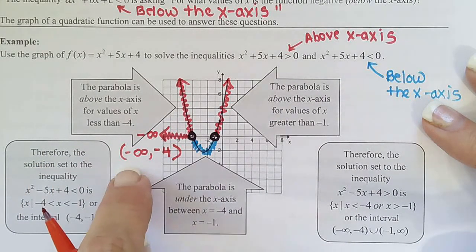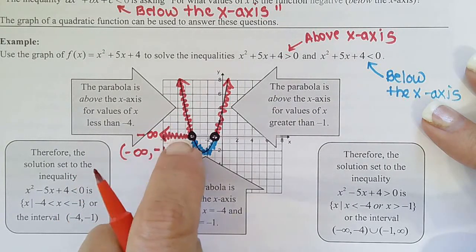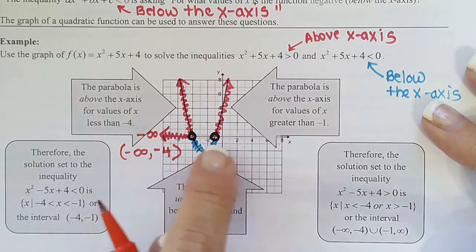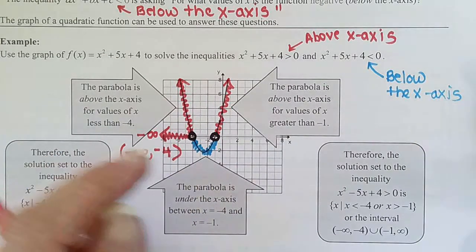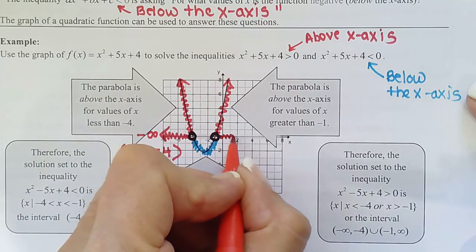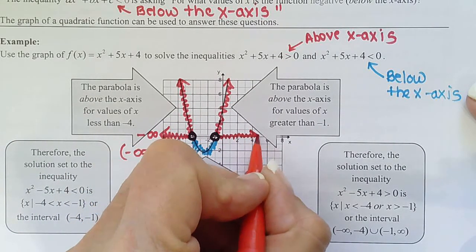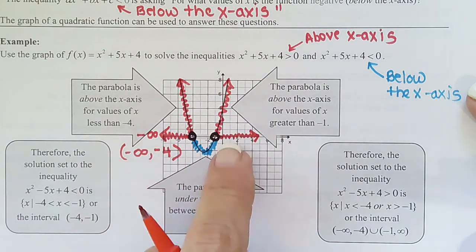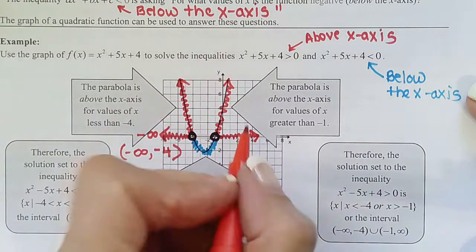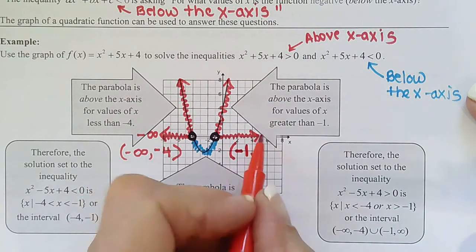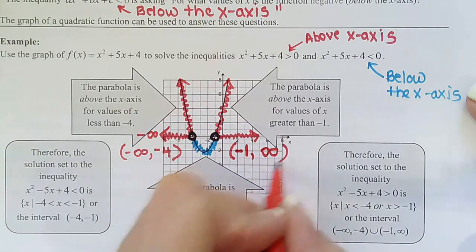So -infinity to -4 is when this left side of the graph is above the x-axis, because we always name it with the x values. But then it's also above the x-axis here. So that would go with all these x values, because this is that, this goes with that, and so on. So how do I name that? Well, this is -1, and it is an open circle, so it gets a parenthesis, and then it goes on to infinity.